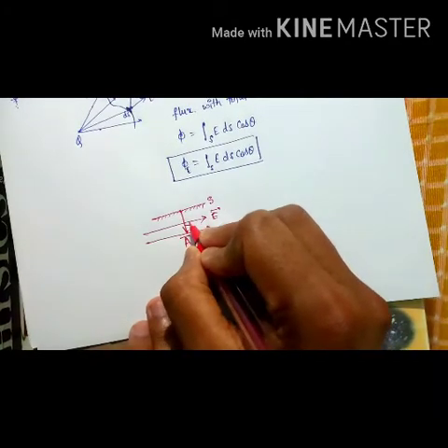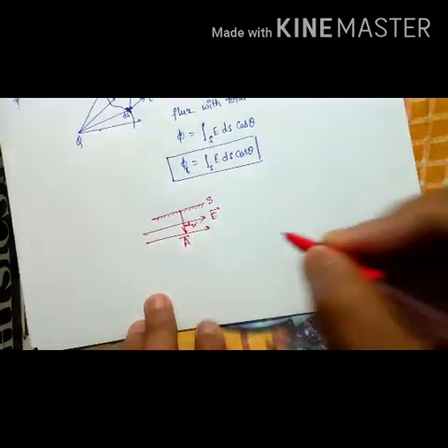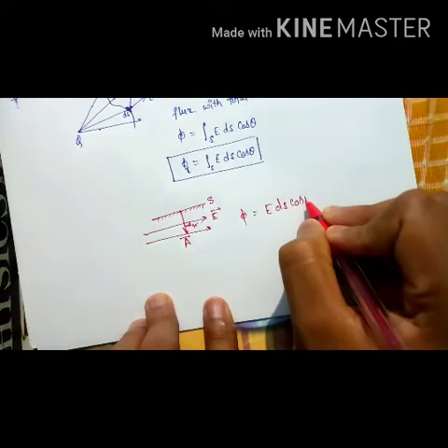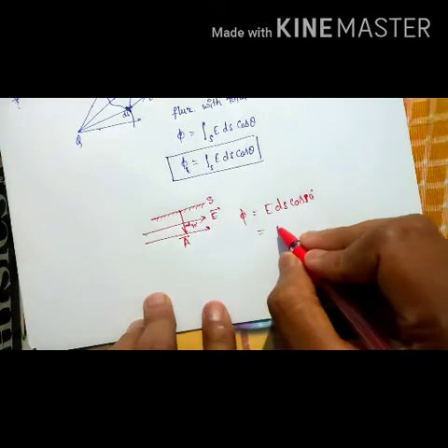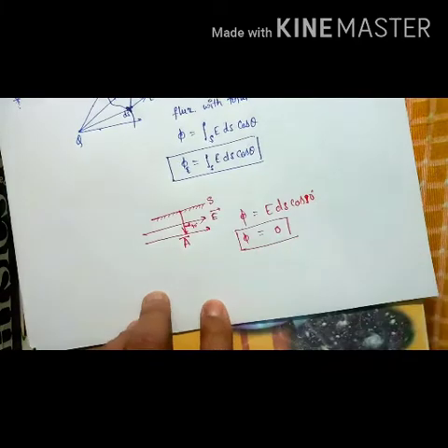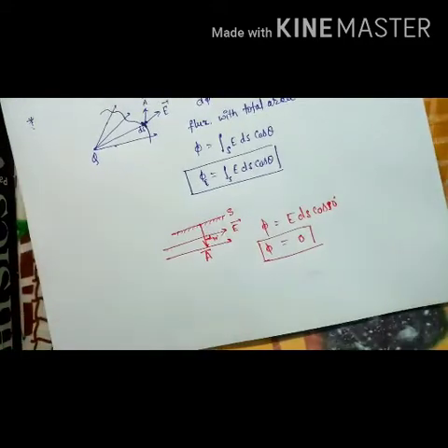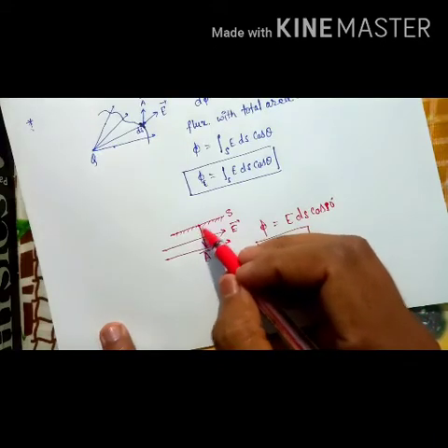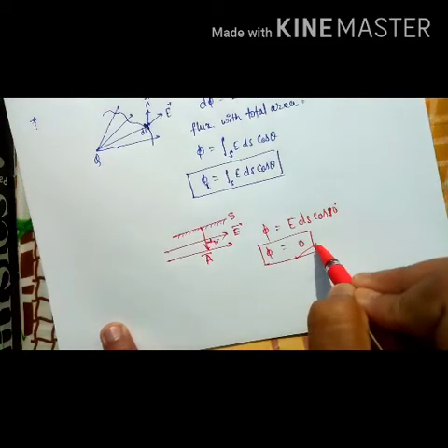So it makes an angle theta, and that theta is 90 degrees. So we have the formula phi is equal to E dS cos theta, and putting theta equal to 90, cos 90 is equal to 0. So phi is equal to 0. It means whenever the electric field is along the surface, the flux linked with this surface area is 0.